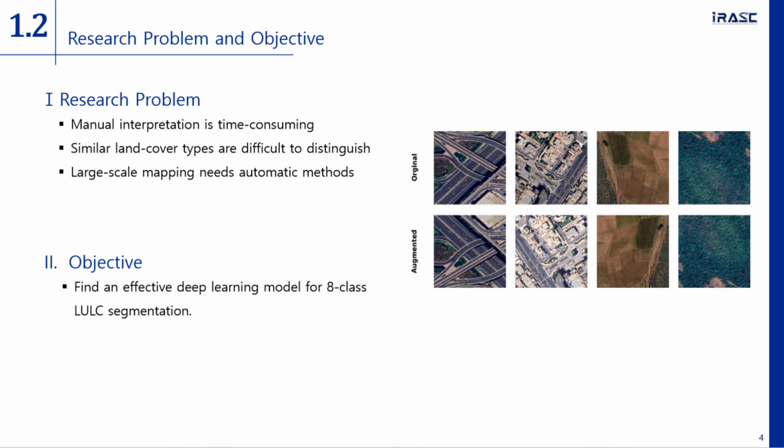The main problem addressed in this paper is that traditional land cover mapping can be inefficient and error-prone in complex environments. For example, grassland, shrubland, and agricultural land may look similar in satellite images because of similar color or texture.